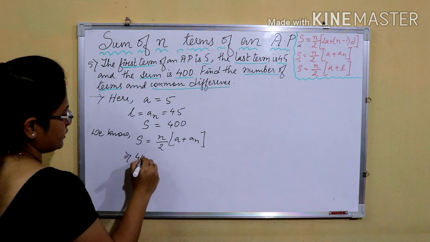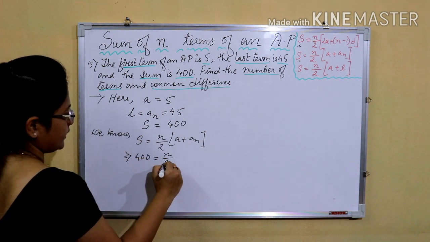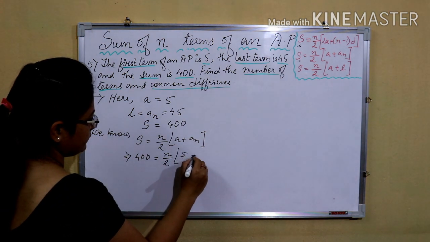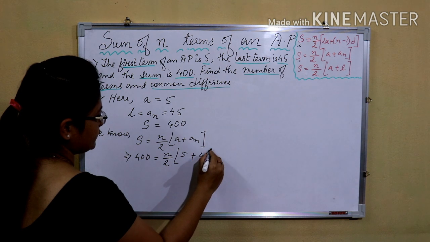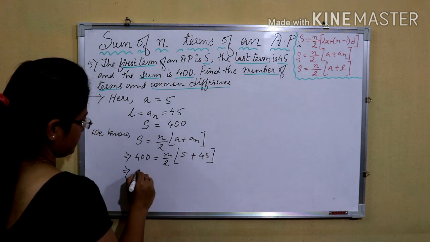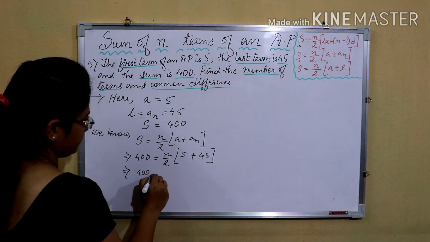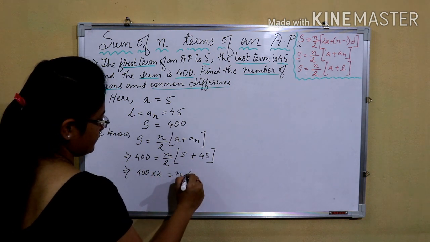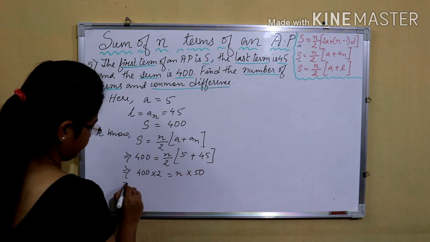So S is 400, n by 2, a is 5, an is 45. So 400 into 2, and 5 plus 45 will be 50.